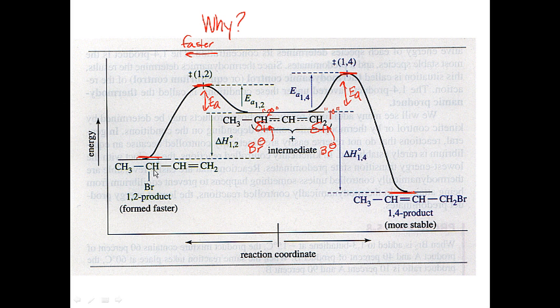When I have this allylic bromide, it turns out that I can break this carbon-bromine bond and I can form this carbocation intermediate, which of course has a resonance structure.